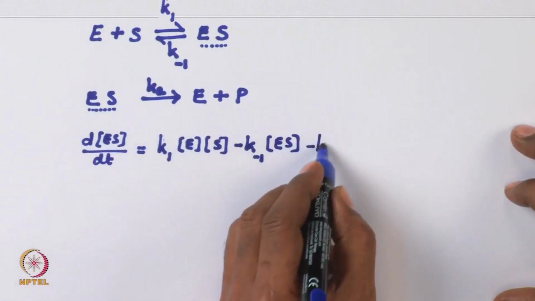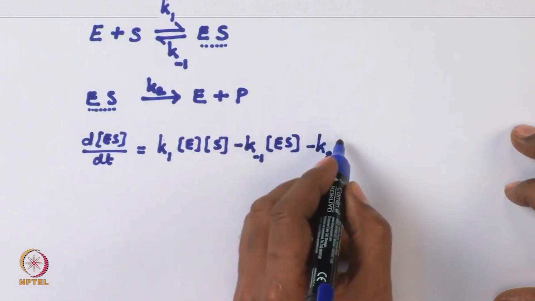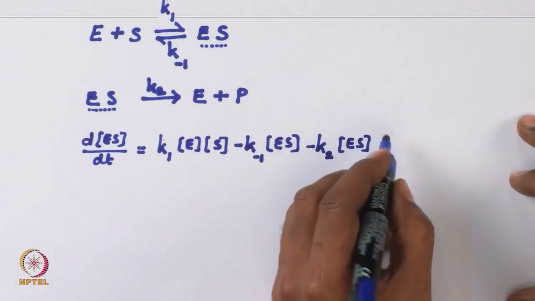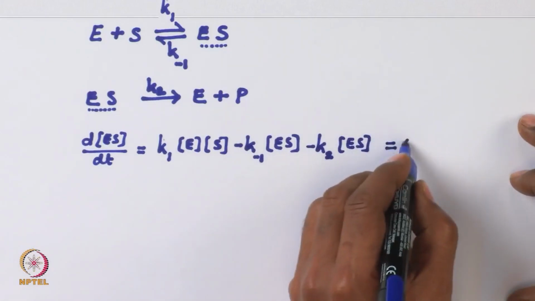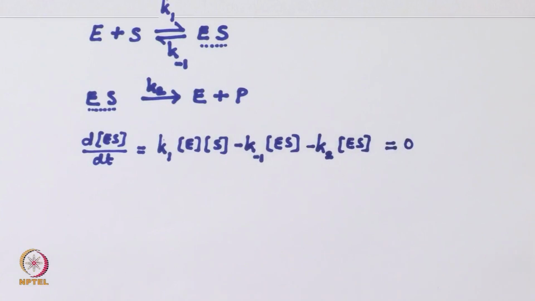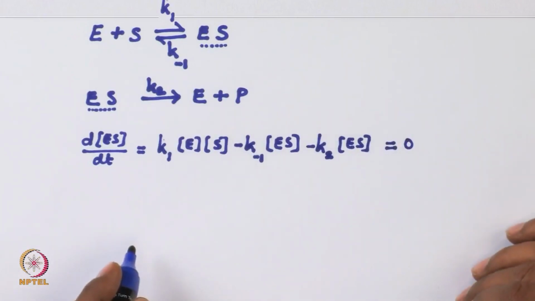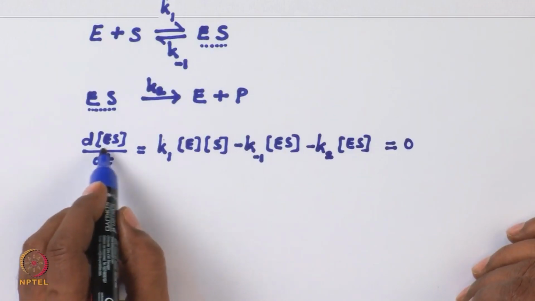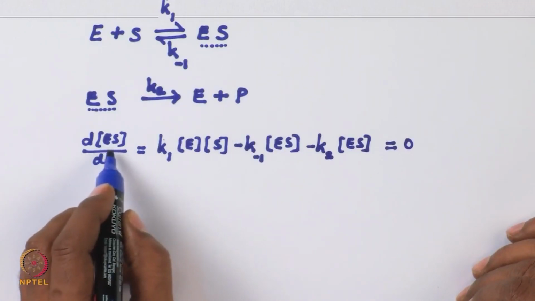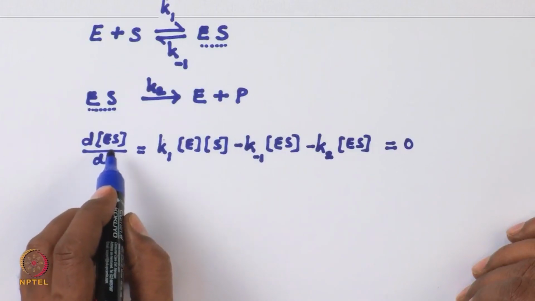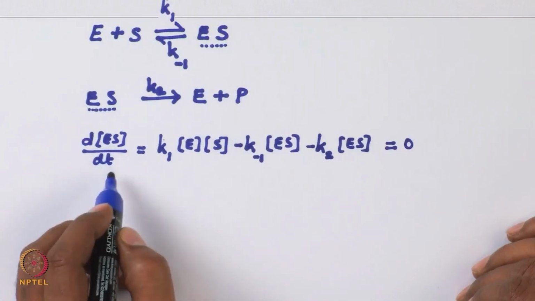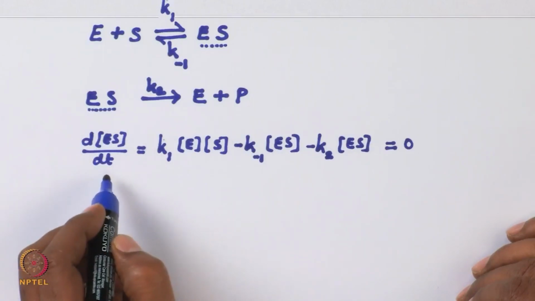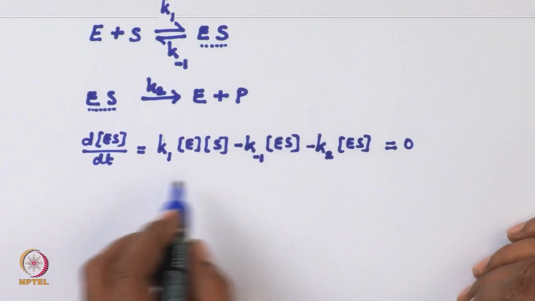So, minus K2 into ES, and this entire thing I will put equal to 0. That is what I was saying, that since the concentration of ES, which is an intermediate here, will remain nearly the same for most of the duration of the reaction, its rate of change of concentration with respect to time, we can set it equal to 0.